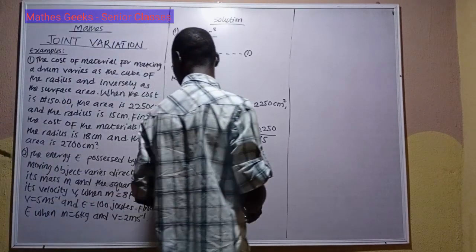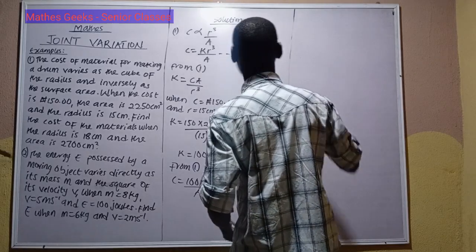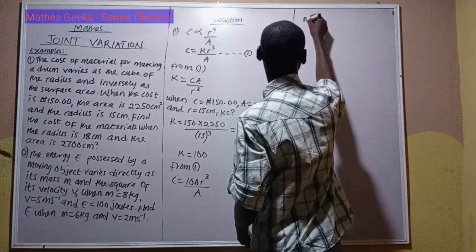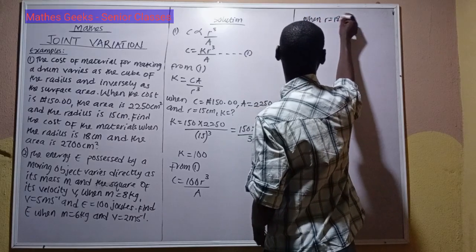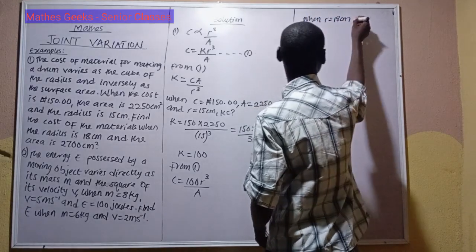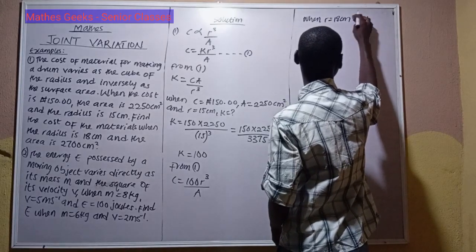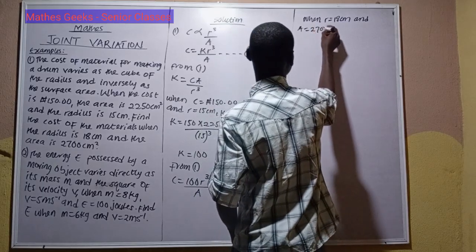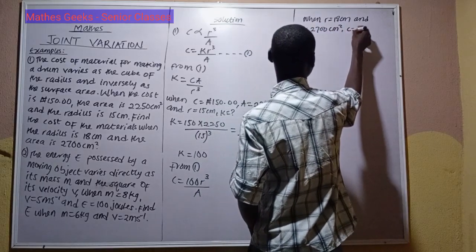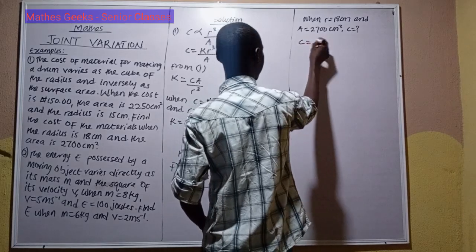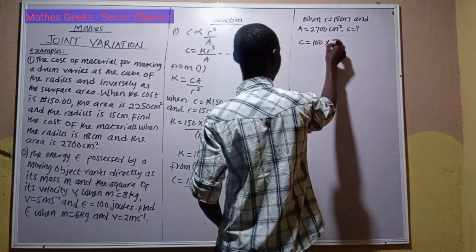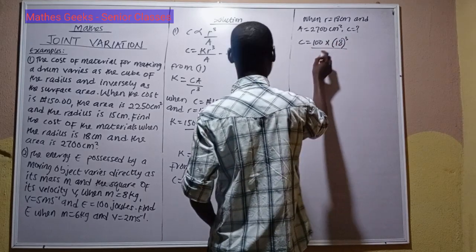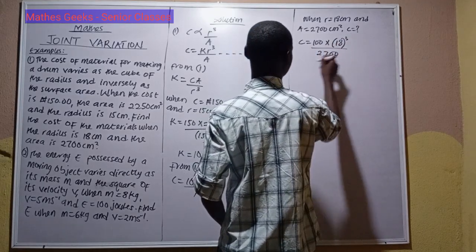So find the cost of the material C when R is equal to 18 cm and the area A is equal to 2700 cm squared. C is equal to 100 times 18 raised to the power 2 over 2700.